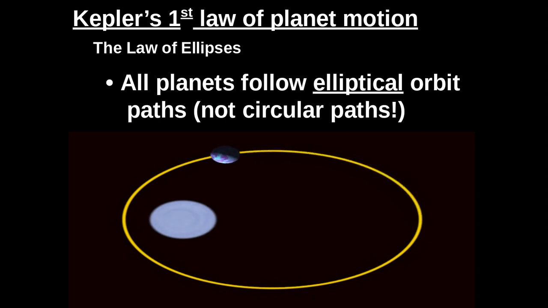Certainly in the picture you can see the planet moving around the sun in an ellipse. And just to make sure we're on the same playing field, an ellipse represents basically a stretched out circle. Now you'll notice in this diagram also that they have the sun not quite in the center, which is true. But in this particular slide, it's not to scale. The sun is just slightly off center.